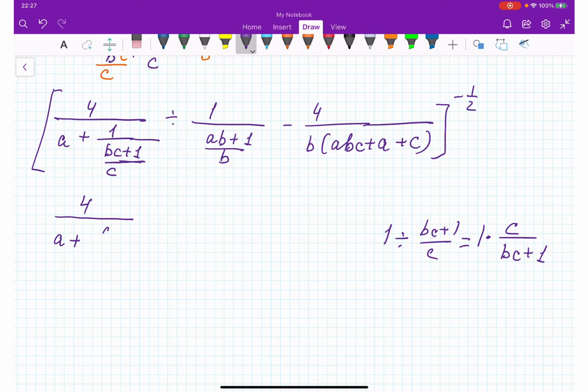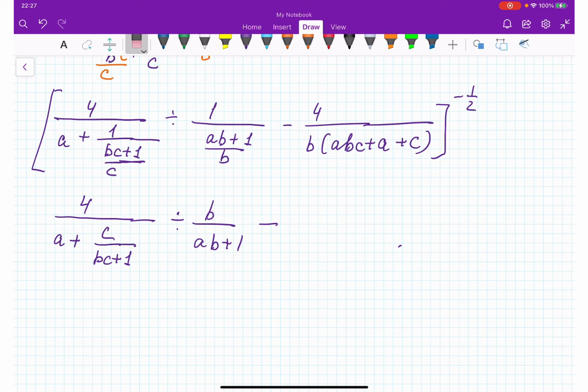So we are going to get c over bc plus 1 divided by, well, if I divide 1 here by ab plus 1 divided by b, we are going to get b over ab plus 1 and minus 4 divided by b times abc plus a plus c, to power negative 1/2.